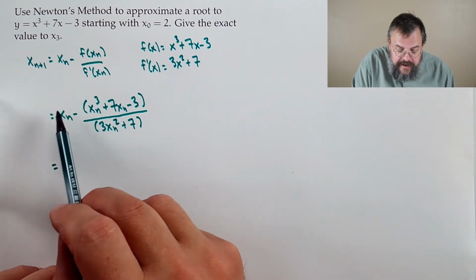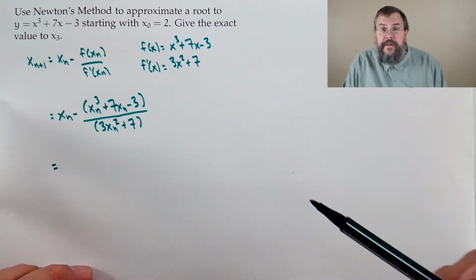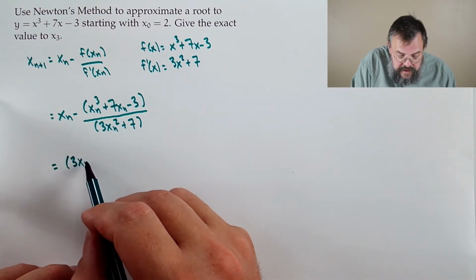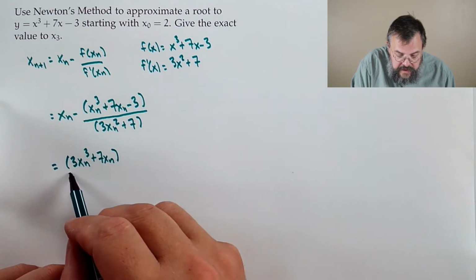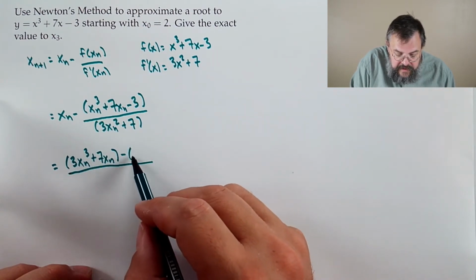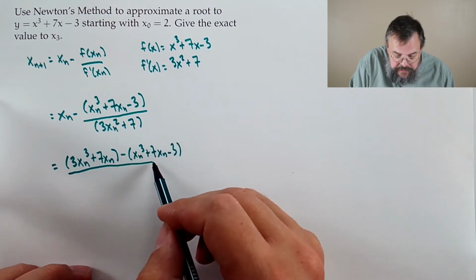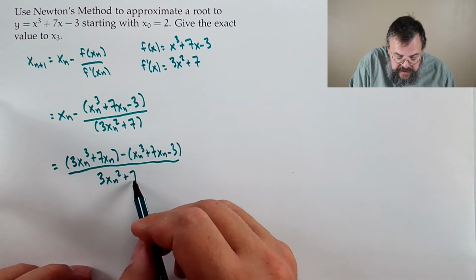So I'm going to multiply this xn by 3xn squared plus 7 over 3xn squared plus 7 so I can combine. So we would have 3xn cubed plus 7xn, and then minus xn cubed plus 7xn minus 3, and all that divided by 3xn squared plus 7.